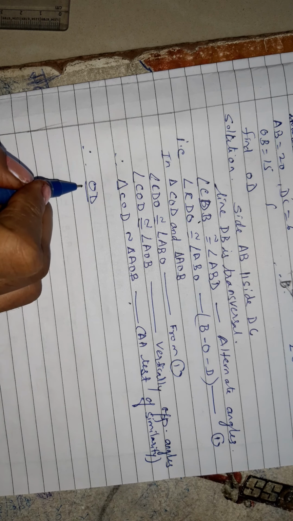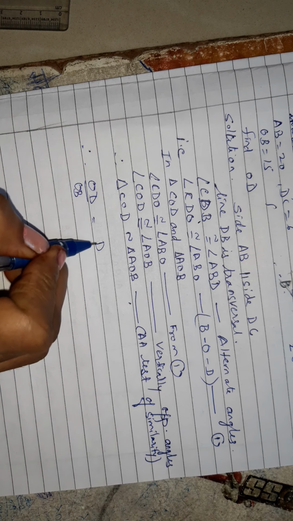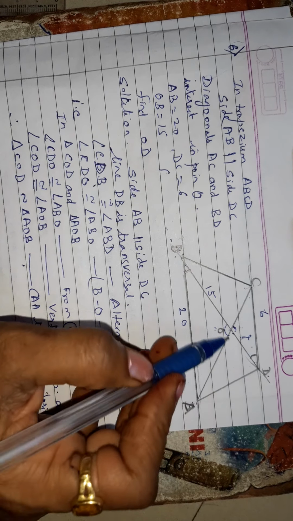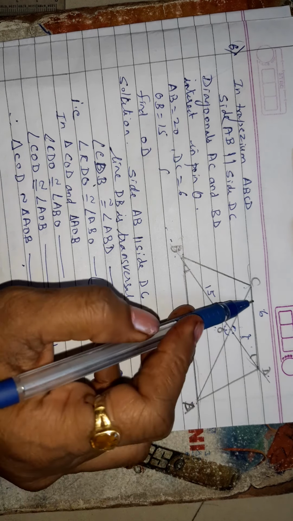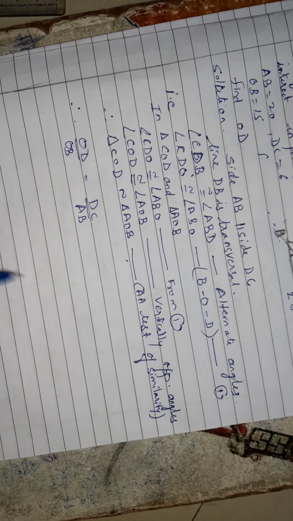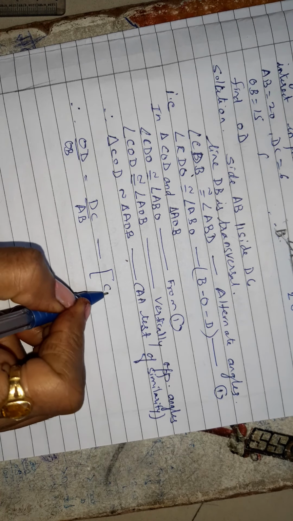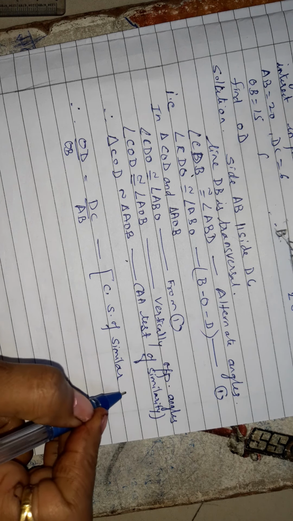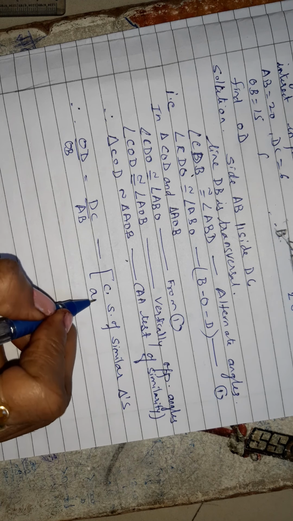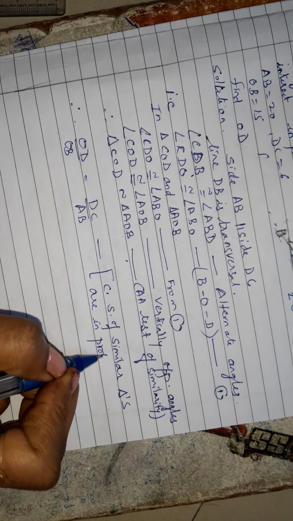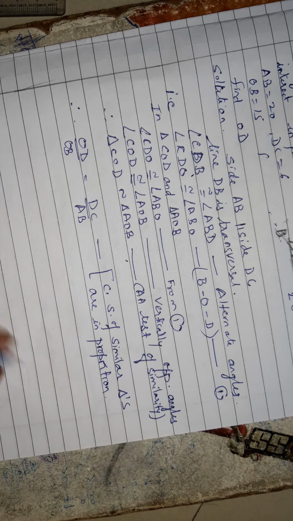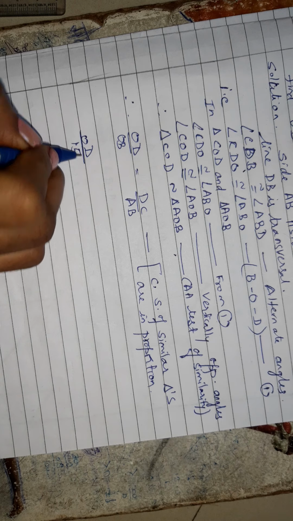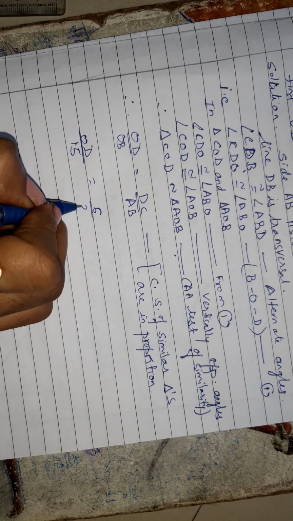So OD upon OB is equal to DC upon AB. Which are those sides? OD upon OB is equal to DC upon AB. So right here, corresponding sides of similar triangles are in proportion. So we have to find OD; OD upon OB is 15, DC is 6, AB is 20.